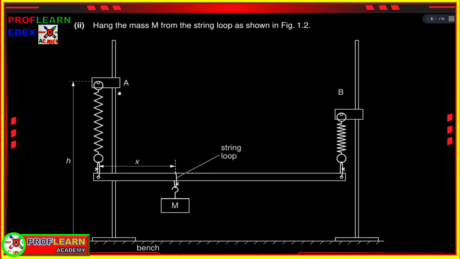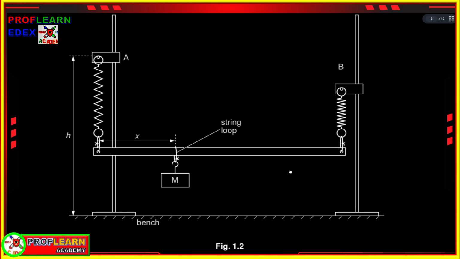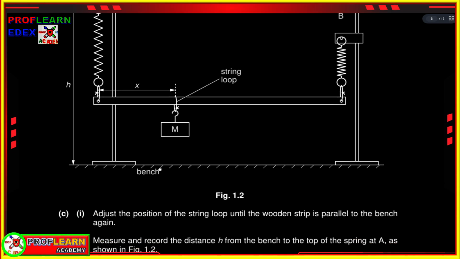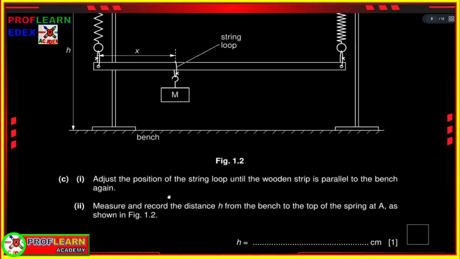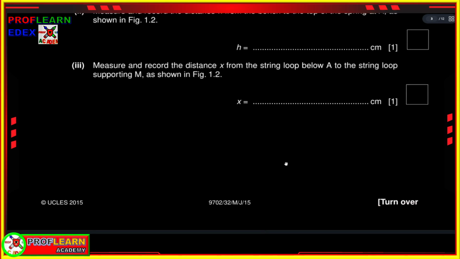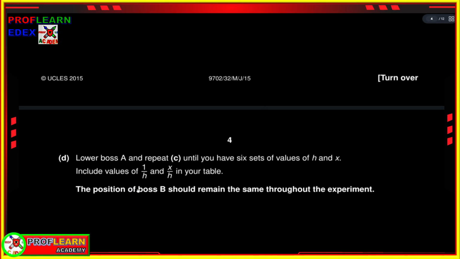Now in the experiment that I was trying to explain, you are supposed to set the apparatus as shown here, then adjust, measure X, measure height. This height has to be recorded in the correct number of decimal places. I've already mentioned that. Now, lower boss A while keeping B at the same point where it was.